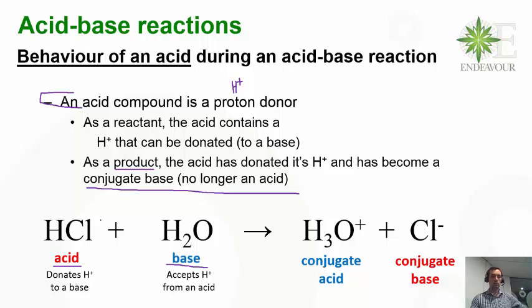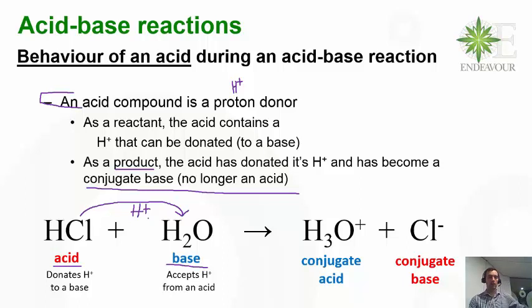So where is the H+ going to go? It's going to come off the acid reactant component and be accepted by the base. So you can see here that H2O will actually be accepting that H+ from the HCl, and that's going to mean that the H2O is behaving like a base.